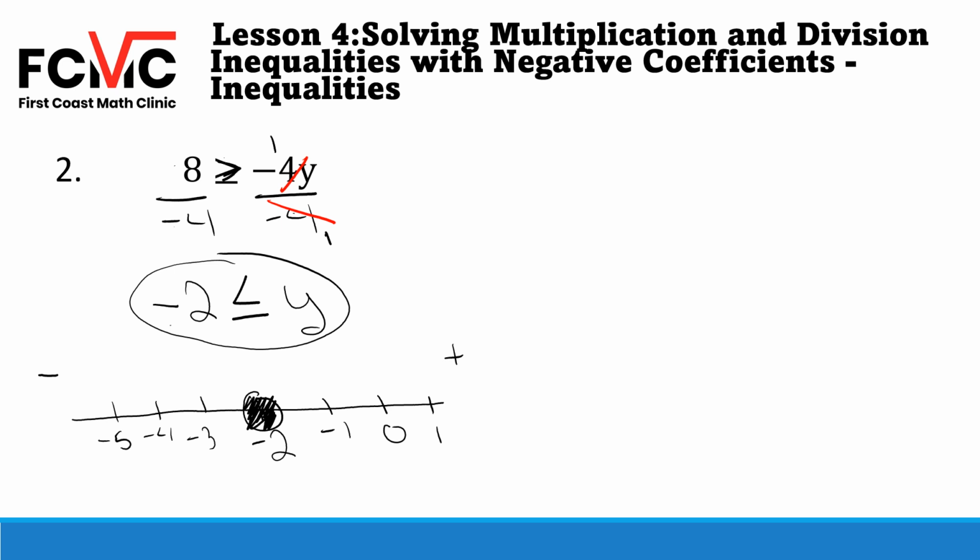Now, another way we could write this, remember our inequality is opening towards the y, so I could write this also as y is greater than or equal to negative 2. And if our variable is greater than our number, we're shading to the right. So if our inequality is opening towards our variable, we're going to shade to the right.